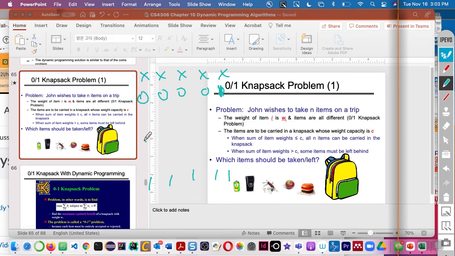Or you can select maybe 0, 0, 1, 1, 1. So how many combinations will there be? 2 to the power n, right? If you do it this brute force way, the naive way, it will give 2 to the power n combinations, okay? But we will see the dynamic programming algorithm is much better.